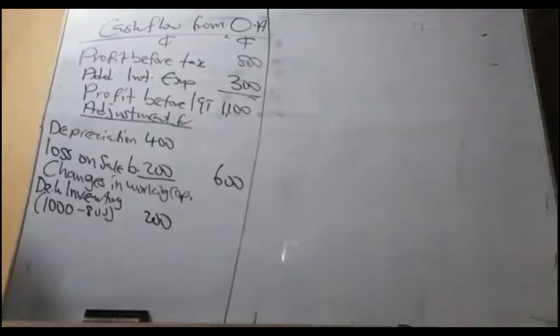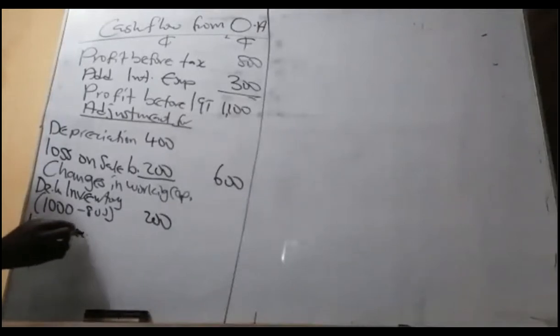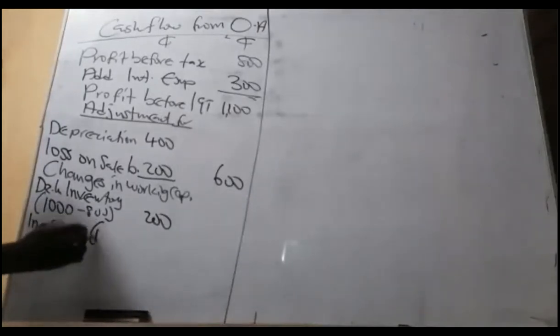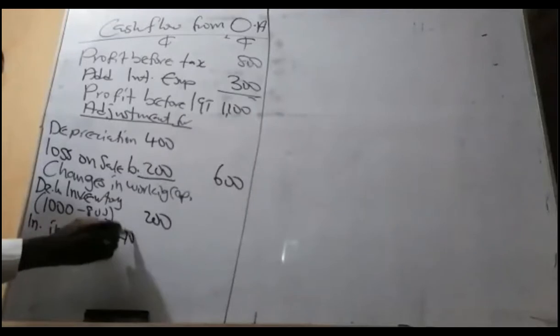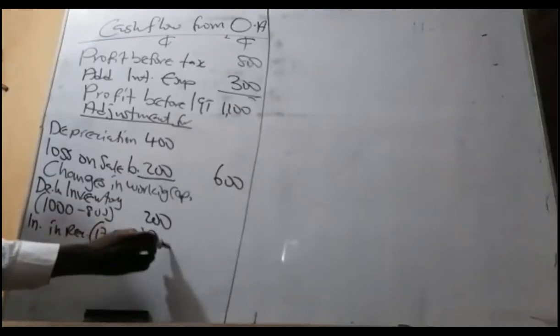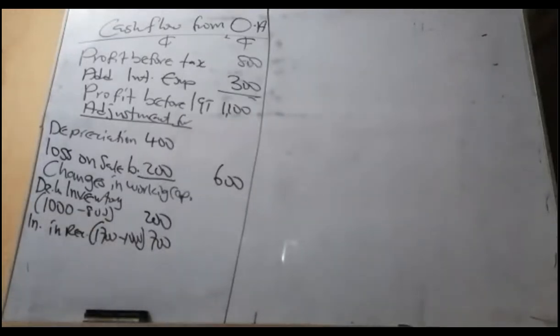So here, increase in receivable: 1007 less 1000. That will give us 700. Agreed. I like the working, so I like them more than the final answer. Together, the working gives you 6 solid ticks out of the 10.